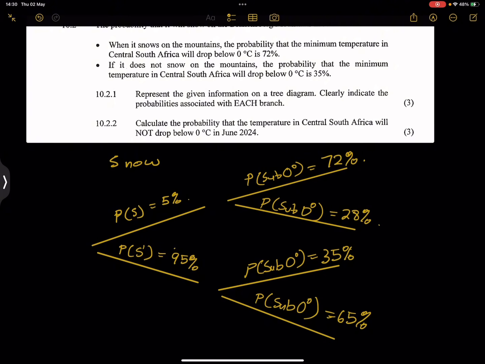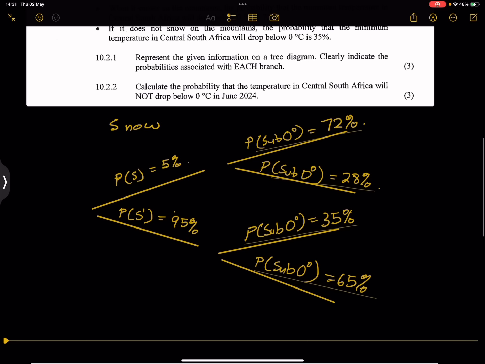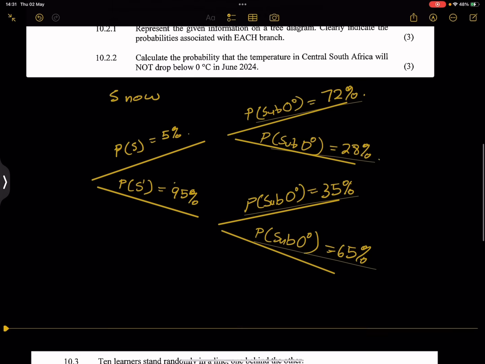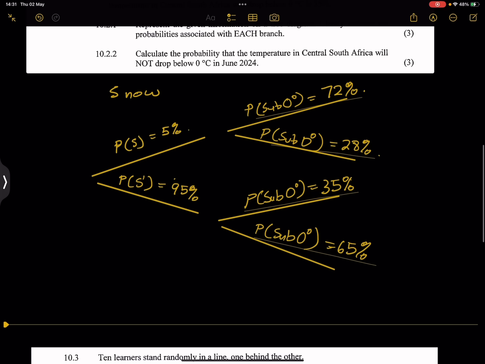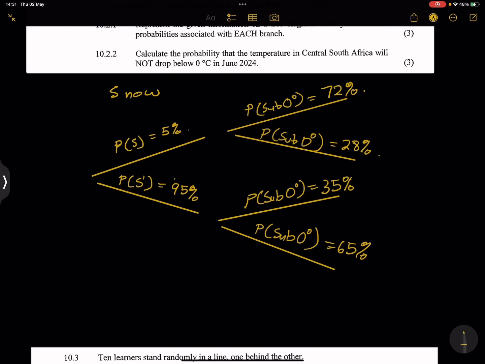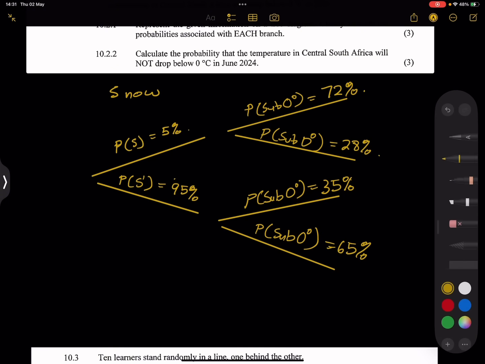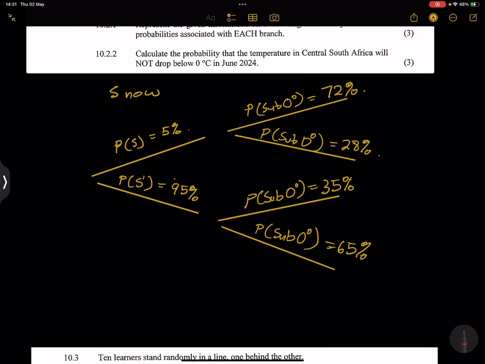Now they say to us, represent the given information. We've already done that. They say calculate the probability that the temperature in central South Africa will not drop below 0 degrees in June 2024. Now there are two parts we're going to follow here.